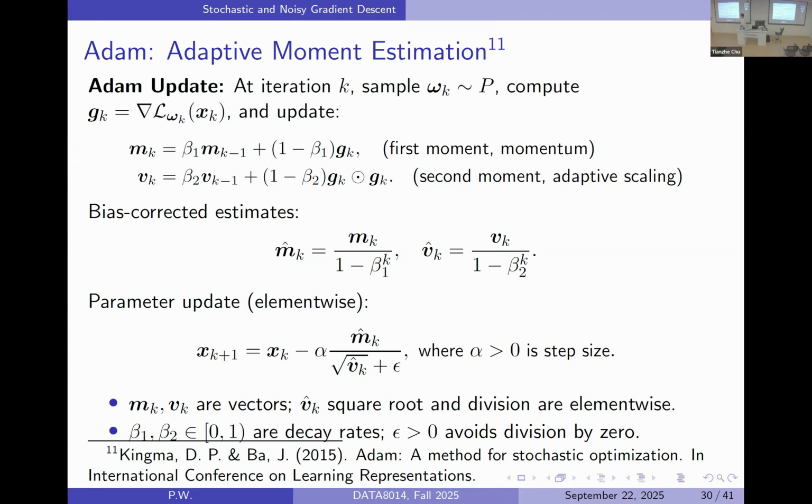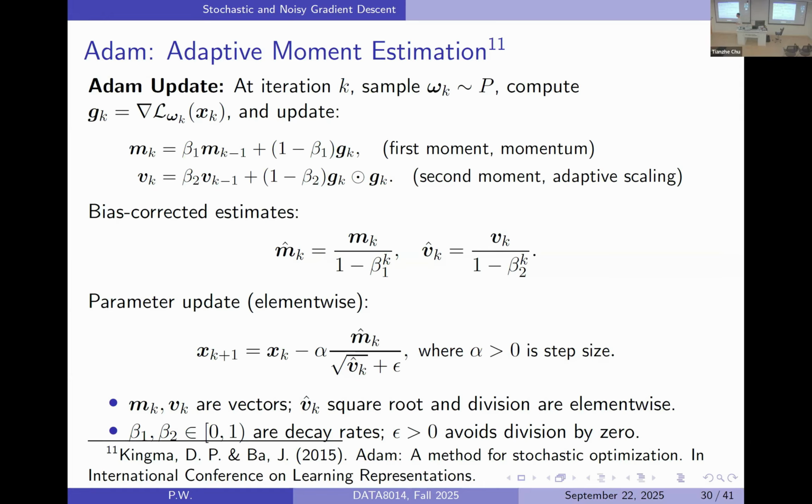As far as I know, this paper has been cited over 200,000 times in just over 10 years. It's really crazy, right? The interesting thing is that when these two authors derived a convergence rate for this algorithm in their first release of the paper, it was actually wrong, and later this gap was fixed.